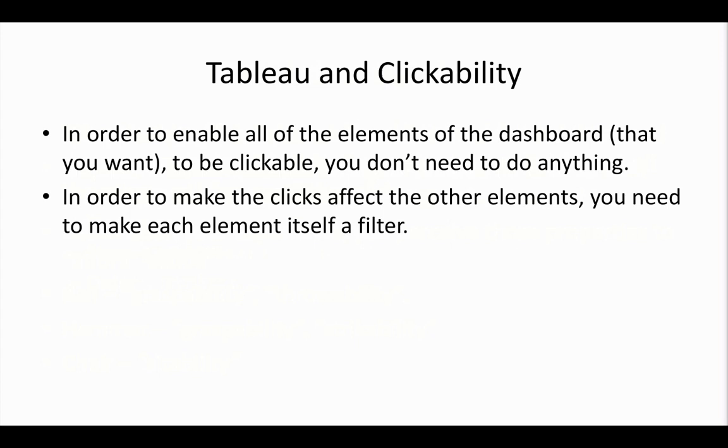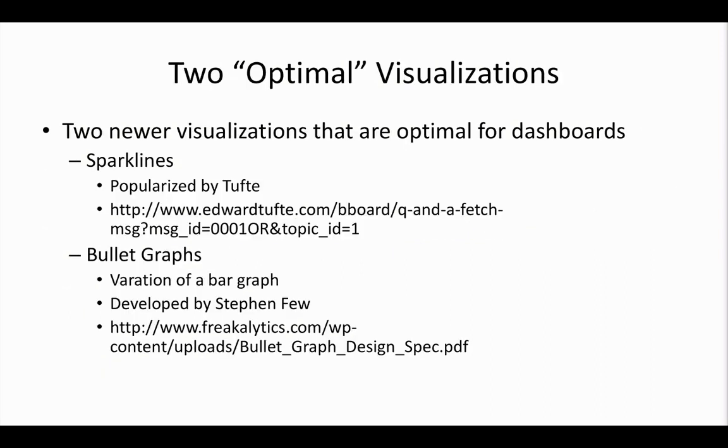The reason that we talk about affordances is because people are going to approach your dashboard assuming that they can click things. And in the hands-on, you're going to set filters to let people click things, and actions to let people click in one area of the visualization and have other visualization components respect that click.